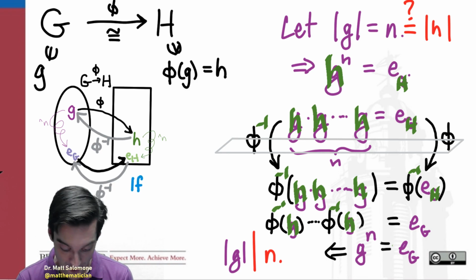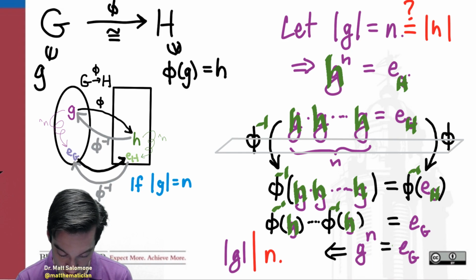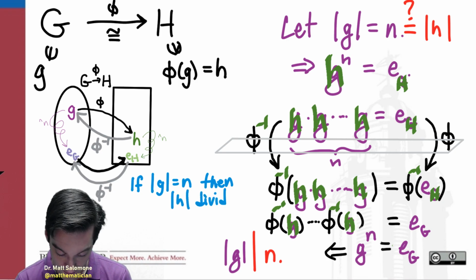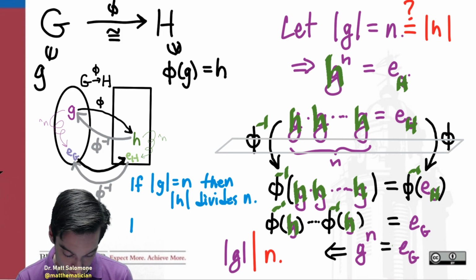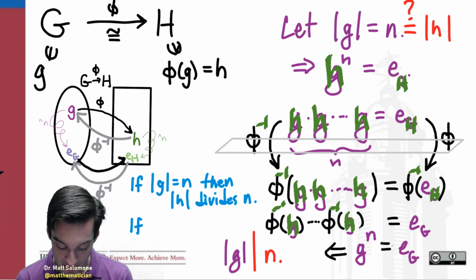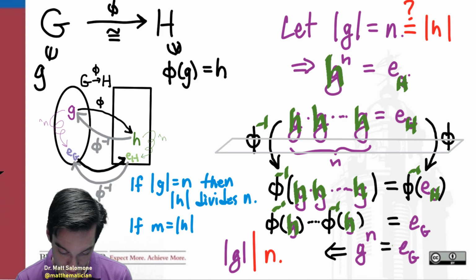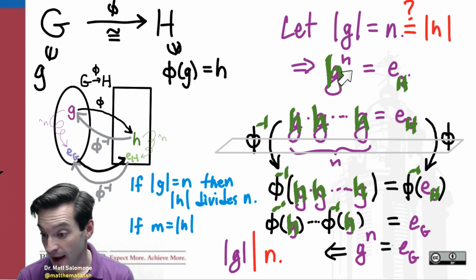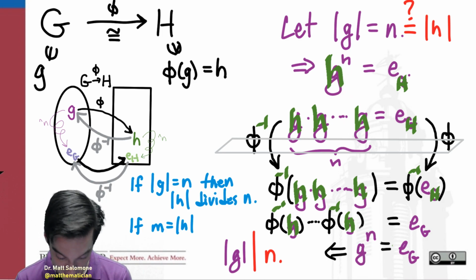The first step that we did is we said, if the order of g is n, then the order of h divides n. That was the first thing that we said. And then the second thing is, let's suppose that we let m equal the order of h. So I probably should have made this an m, and then we run through this whole argument here. So let me turn all those n's into m's.